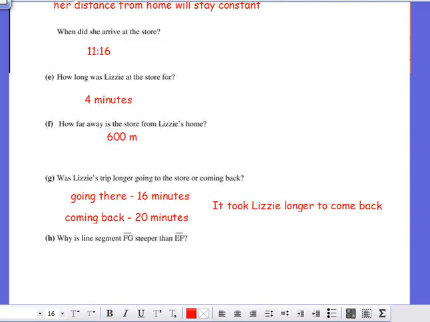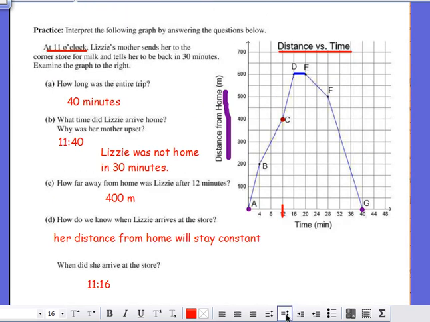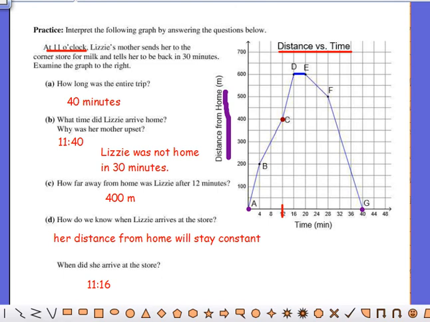Last question, letter H. Why is line segment FG steeper than EF? So FG over here is definitely steeper than EF. Imagine you're skiing down either FG or EF. You would be going a lot faster down FG because it is steeper. Go back to the front of your page if you're not sure which one it is.